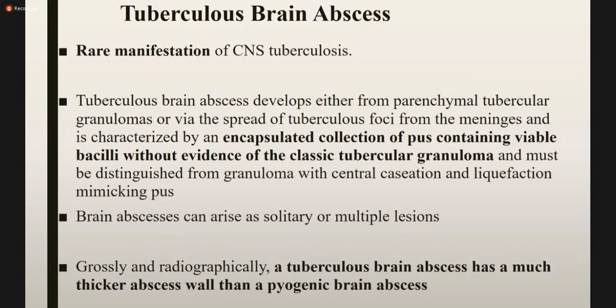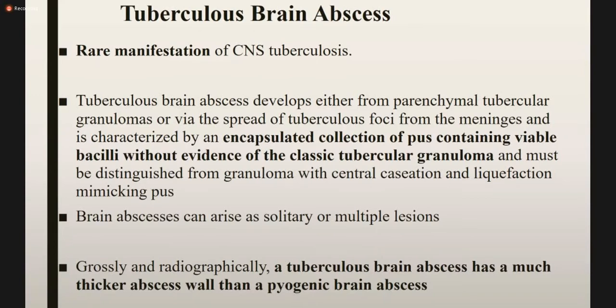So these are basically abscesses which have pus in them, but there is no evidence of granulomas in tuberculous brain abscesses, and they should be distinguished from granuloma with central caseation and liquefaction.